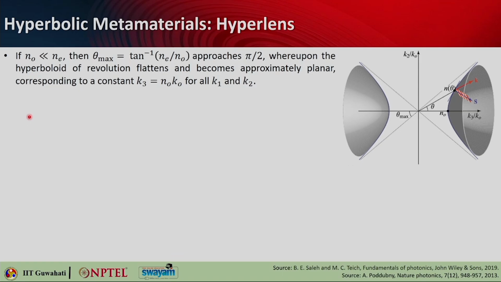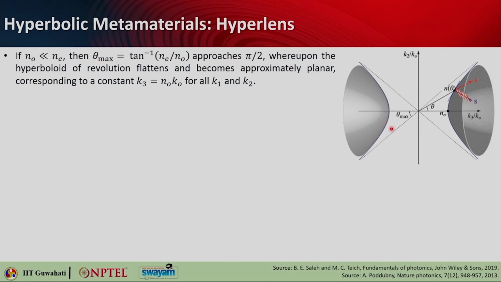So, we have seen the case where NO is much less than NE. What you can have is theta max, which is given as tan inverse of NE over NO, and NO is very small. In that case, theta max approaches 90 degrees.